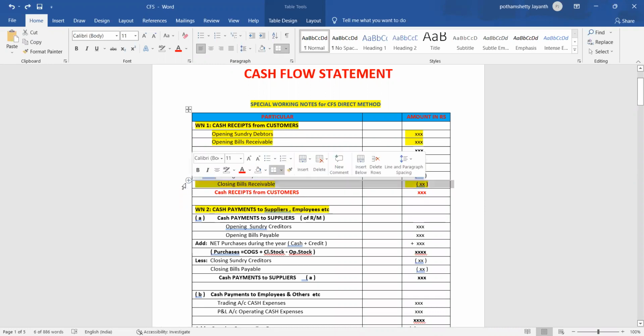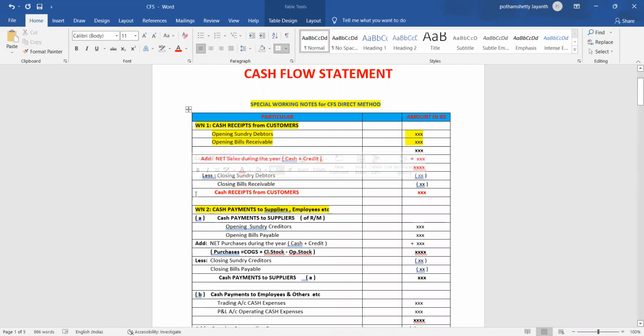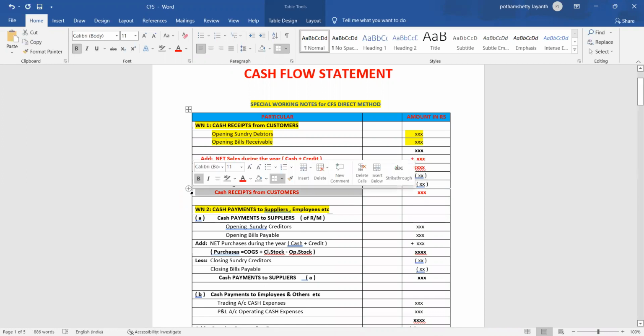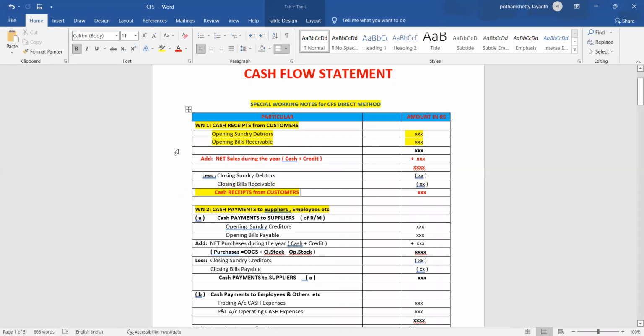If you deduct, you will get cash received from customers. Here it is turning yellow. Cash received from customers we will get, right?